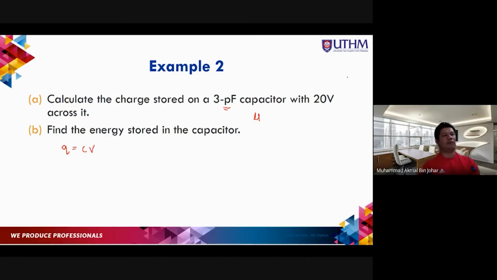So if you bagi 20 volt, you tahu sifat dia apa. Kalau kita lukiskan litar ni, litar dia adalah seperti ini. So you have 20 volt over here, and then you have 3 picofarad over here.